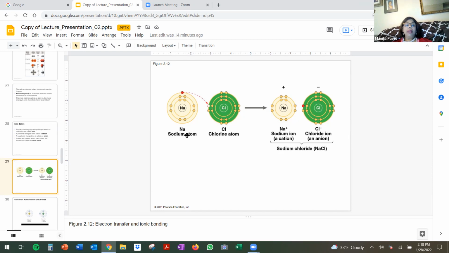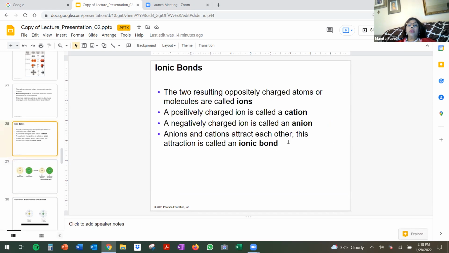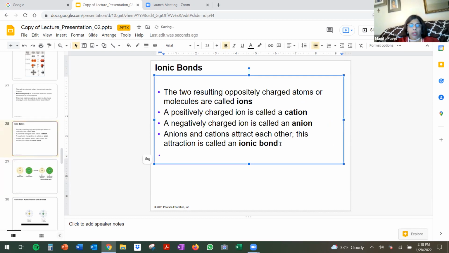So now we need to understand what was the atomic number of sodium. Atomic number for sodium is 11, but I also need to know the mass number of sodium, which is 22. So if we looked at sodium here, Na, the atomic number is 11.